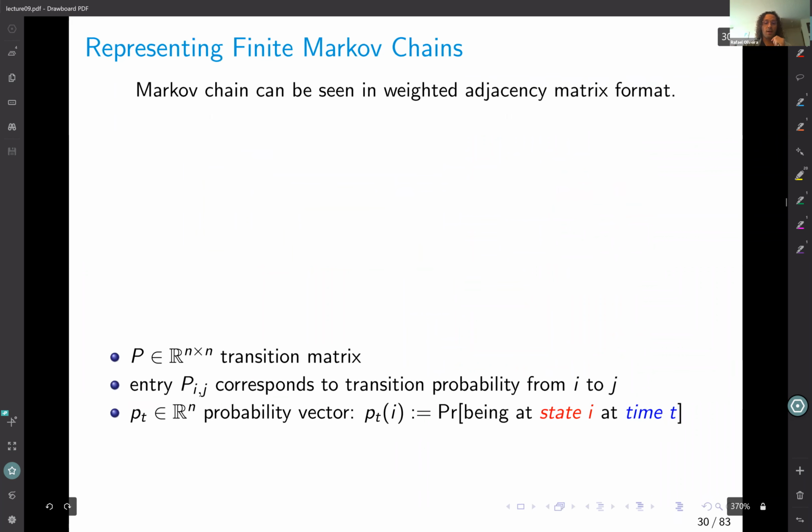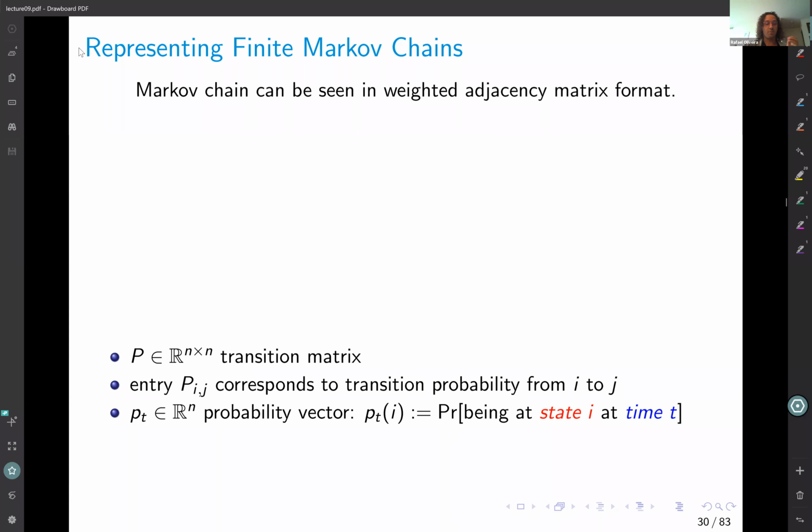And now here's the thing. We can also have p of t, a probability vector, where p of t at i is the probability of being at state i at time t.